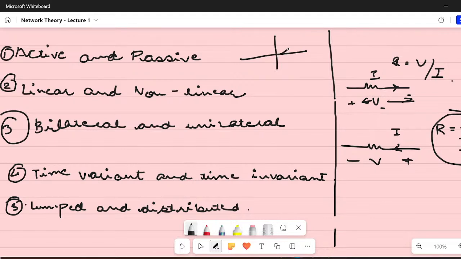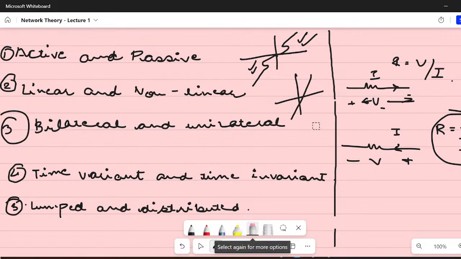In case you've heard of a triac, the characteristic of a triac is something of this sort. Anything which is symmetric in the first and third quadrant is a bilateral element. And if we're not talking about triacs, let's say simple linear elements, let's say we have a resistance. Consider this line to be through the origin. Let me redraw it again.